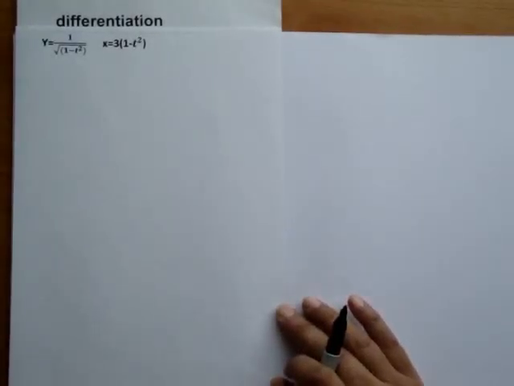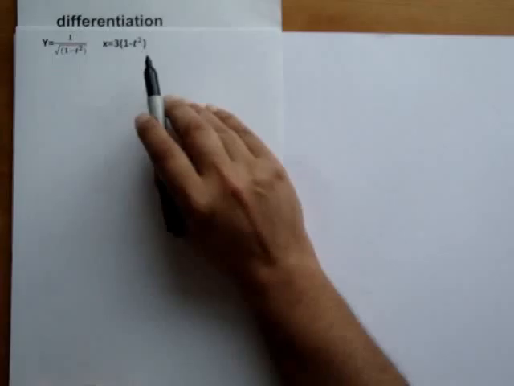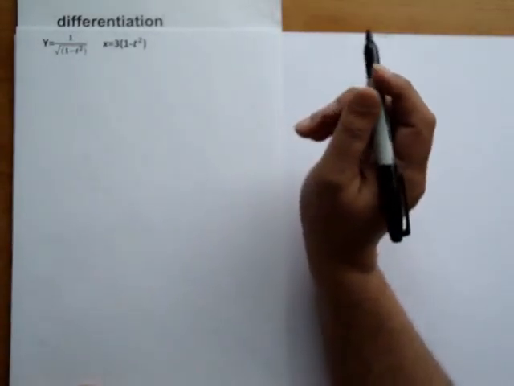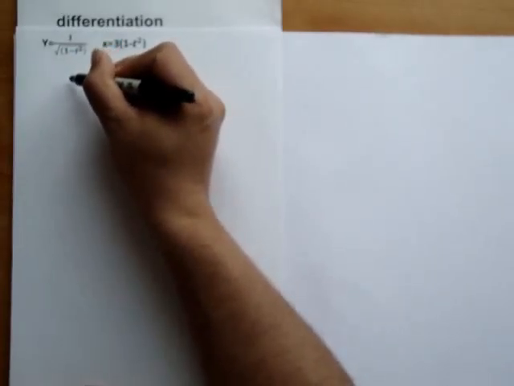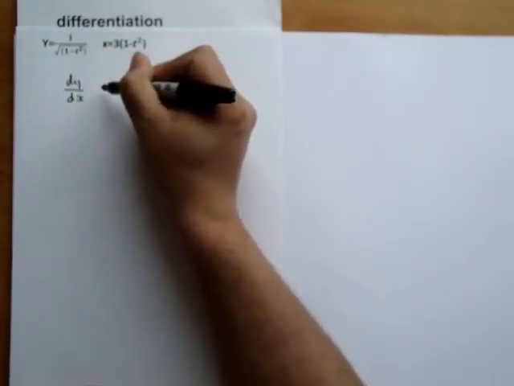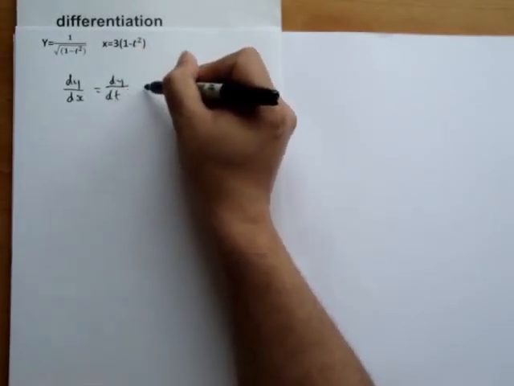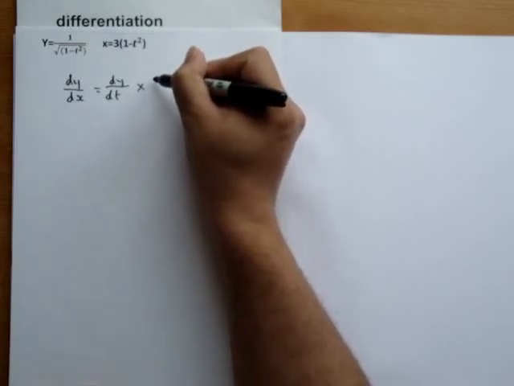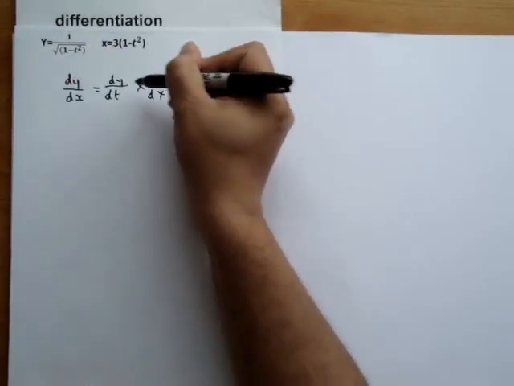In this example, we're not given y in terms of x, we're given x separately, and we still want to apply the chain rule. So let's write down the chain rule to begin with. dy over dx equals dy over dt multiplied by dt over dx.